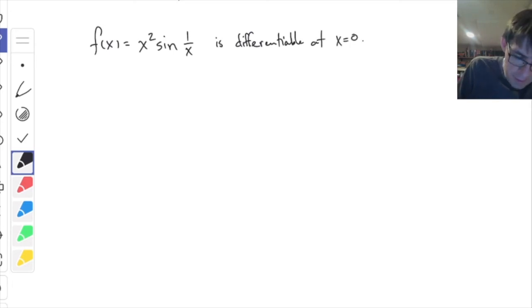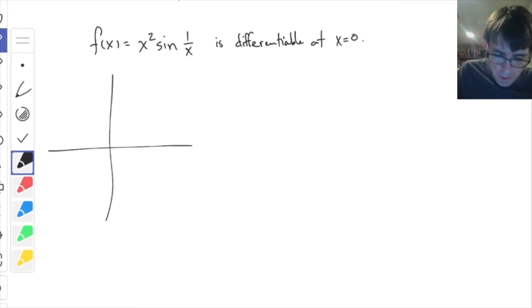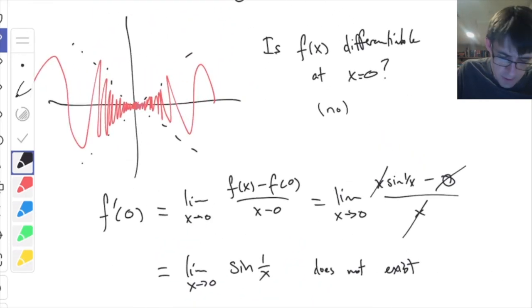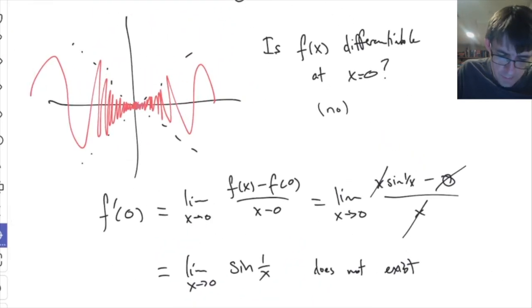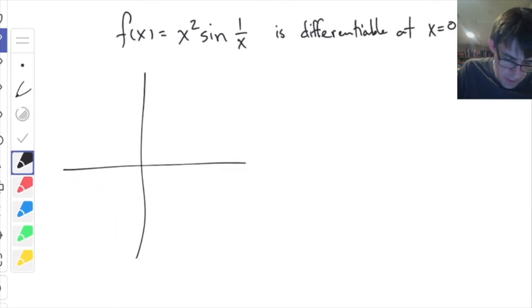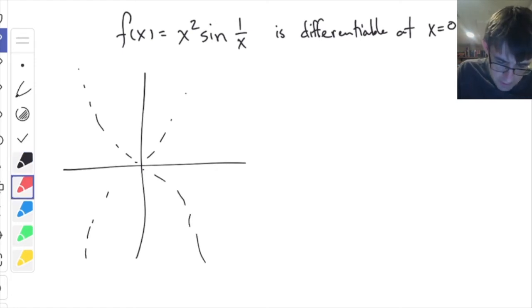So the graph of the other one, x sine 1 over x, has this weird oscillation, but it has these boundary lines at y equals x and y equals minus x. This other one is similar, only the boundaries it has are at y equals x squared and minus x squared. And so this one, the graph looks like this.